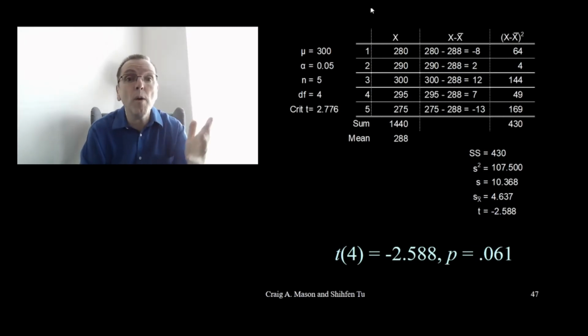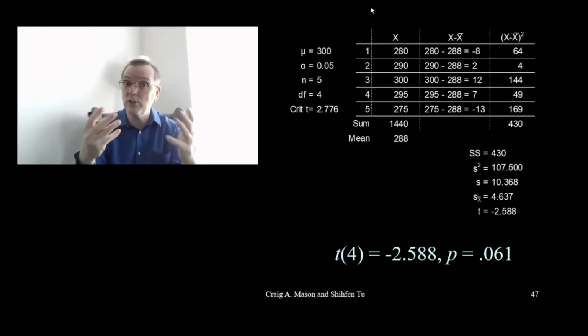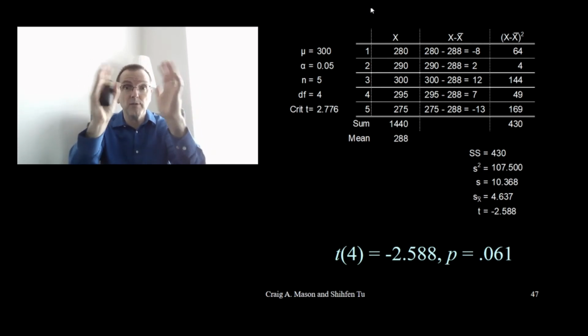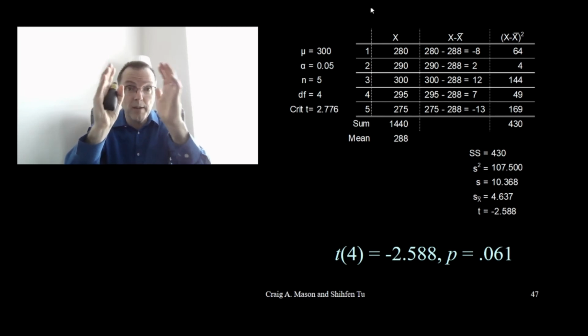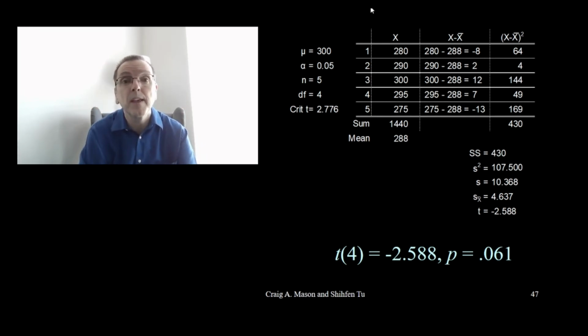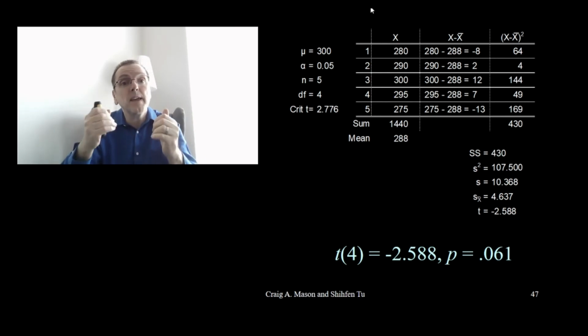Now, we can formally write that out in statistical notation as t(4) equals negative 2.588, comma, and p equals 0.061. Remember, put the 4 degrees of freedom in the parentheses.